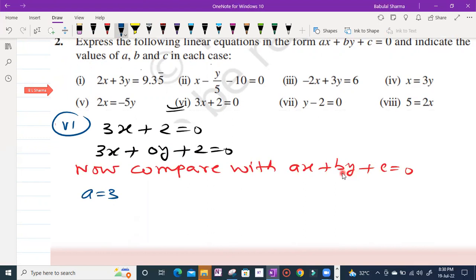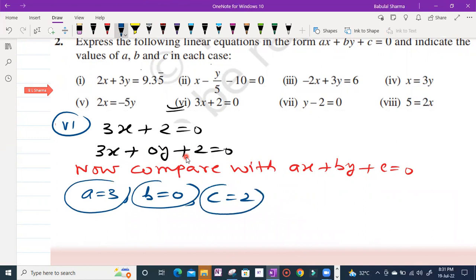Coefficient of y is b, here coefficient of y is 0. So we can write b is equal to 0. And here constant term is c, and here constant term is plus 2. So in place of c, we can write 2, and this is the answer. A is 3, b is 0, and c is 2. This is the answer of this sixth part.